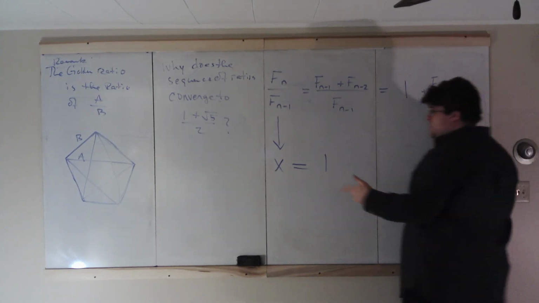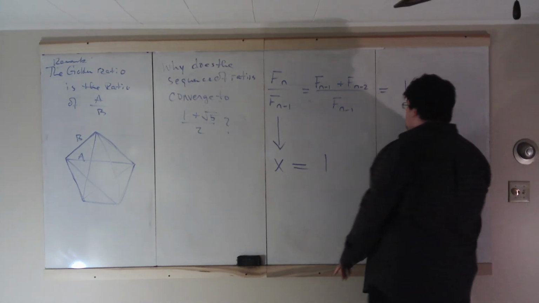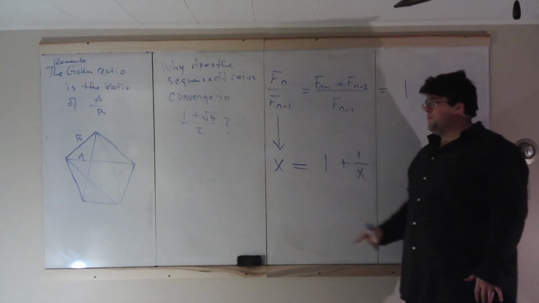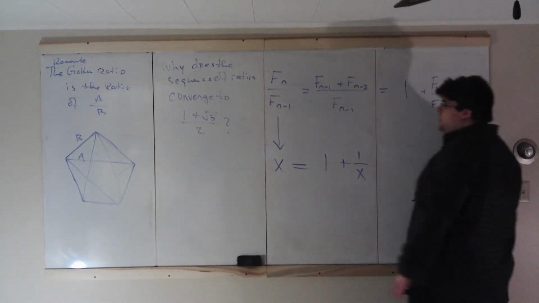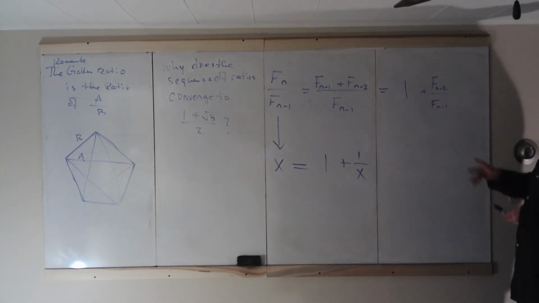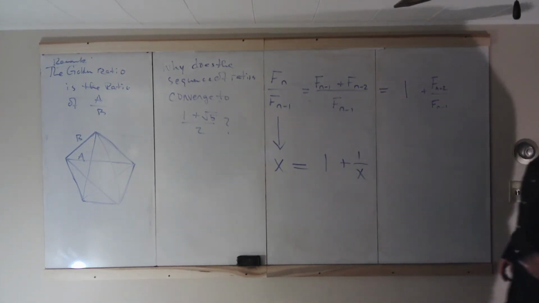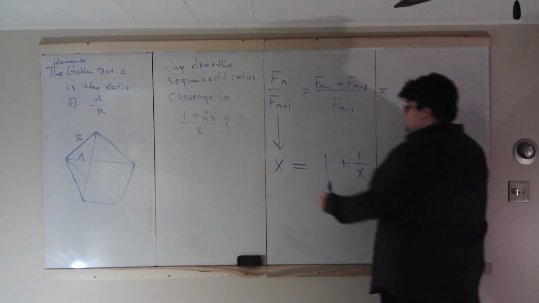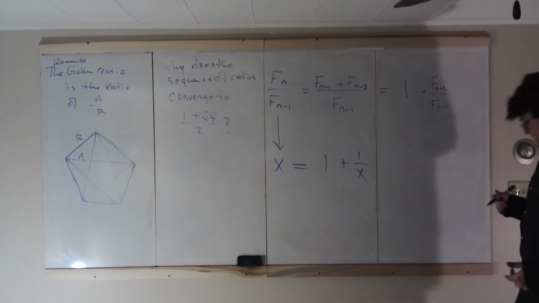So in the end of the sequence, this piece would go to x flipped around, which is 1 over x. This goes to x late in the sequence. This is the same thing flipped around, because this first one is the ratio of a number to the one before it, and this one is the ratio of a number to the one after it. So that's flipped around, causing us to flip the x around. And right here, x is our golden ratio.